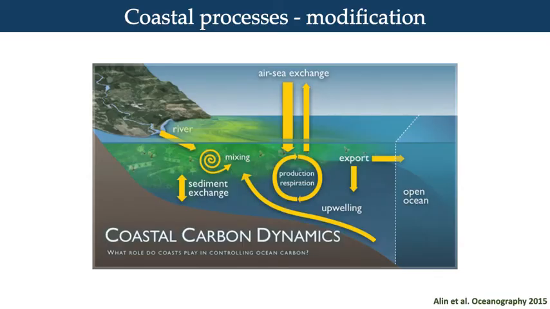And so what are some processes that might be responsible for this modification of these large-scale signals? Here's a cartoon thinking about an upwelling system, showing you some potential processes that could be responsible for this modification. And those include things like upwelling, and also rivers that are coming in to coastal regions, which are carrying their own chemical signatures.